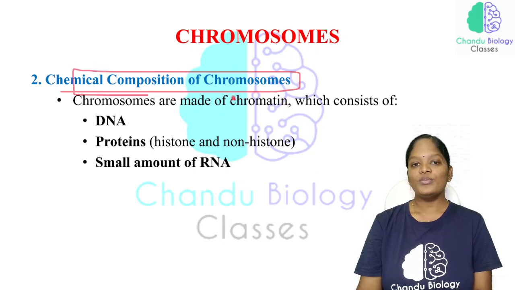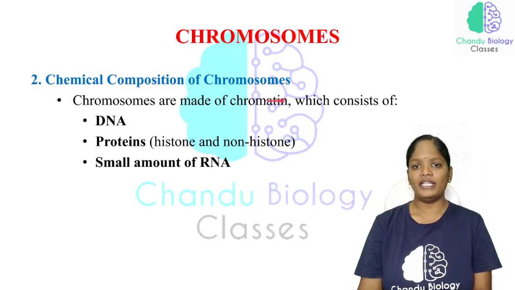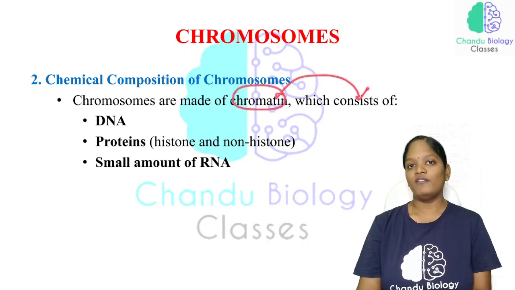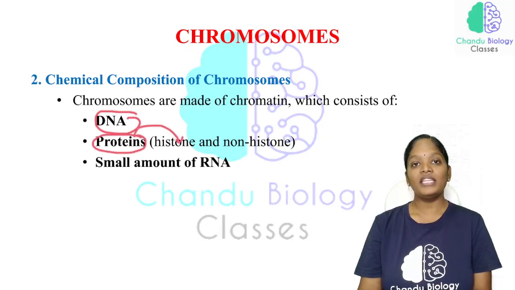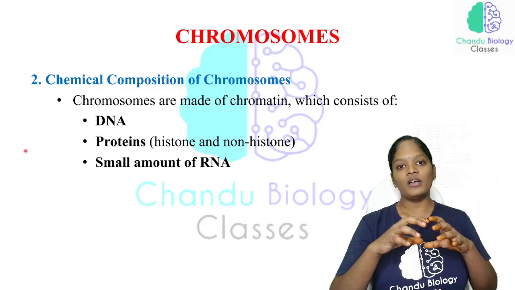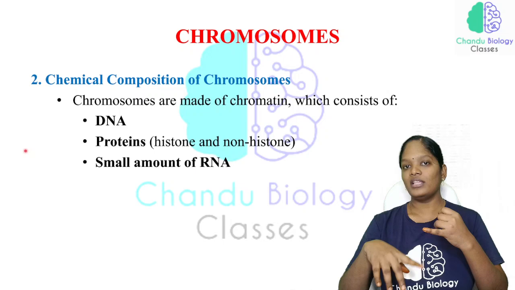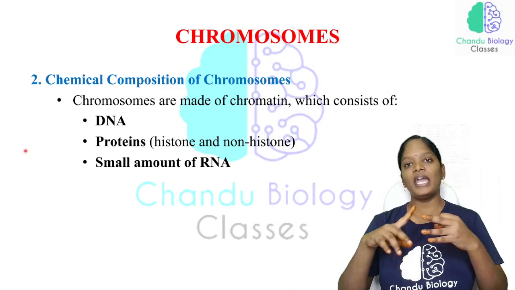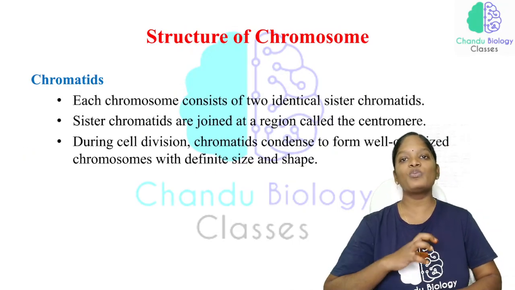The chromosomes are made of chromatin. Chromatin consists of DNA, proteins, either histone or non-histone proteins, and a small amount of RNA. So this is what a chromosome is.